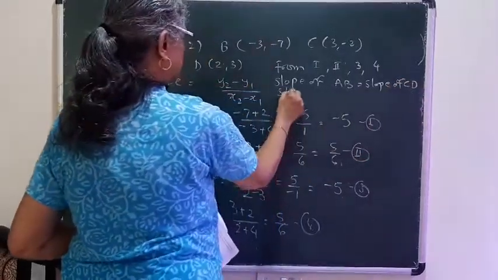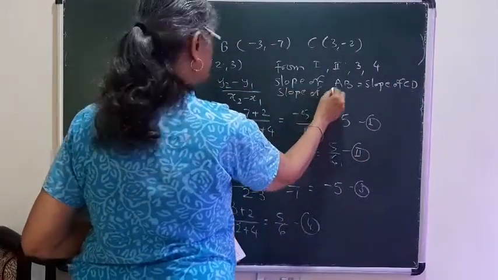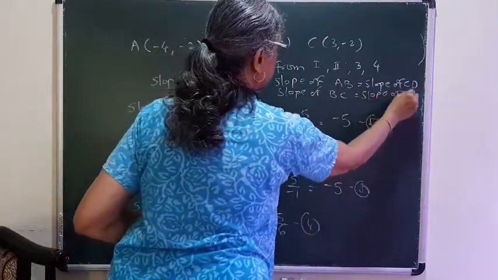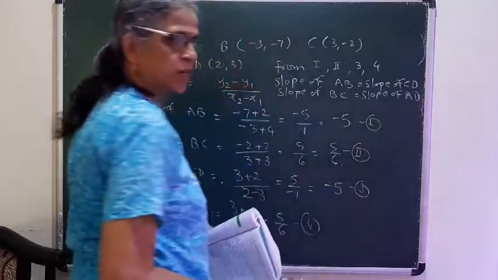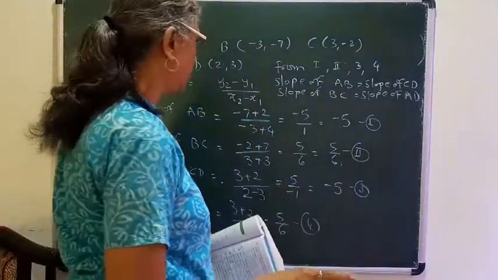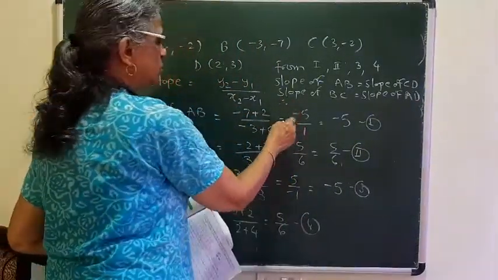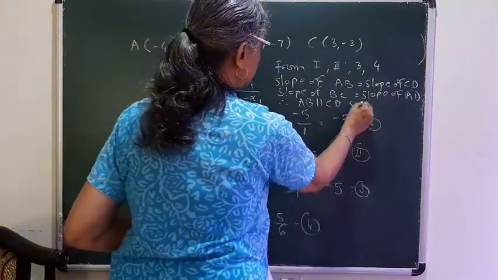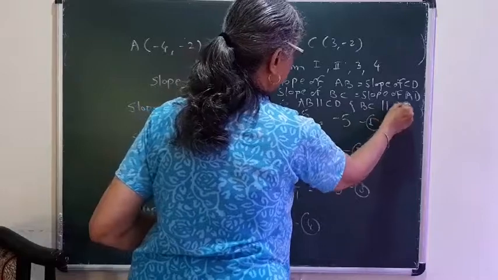And slope of BC is equal to slope of AD. So when slopes are equal, how are the lines? They are parallel. Followed? Therefore, your conclusion is AB parallel CD and BC parallel AD.